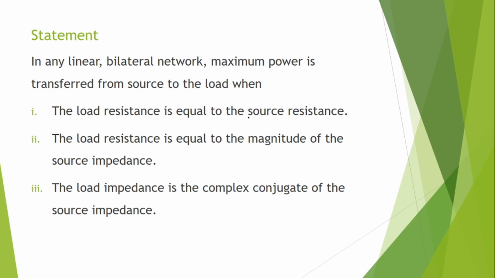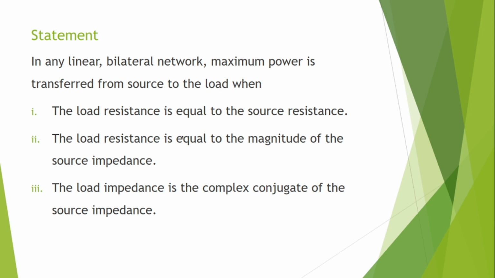Whereas in this one, load resistance is equal to the magnitude of source impedance, the source network is an AC circuit connected to a DC load. Here, a DC circuit is connected to a DC load.